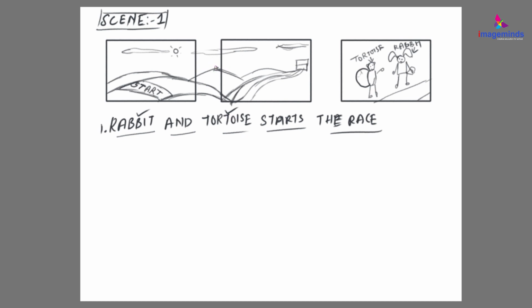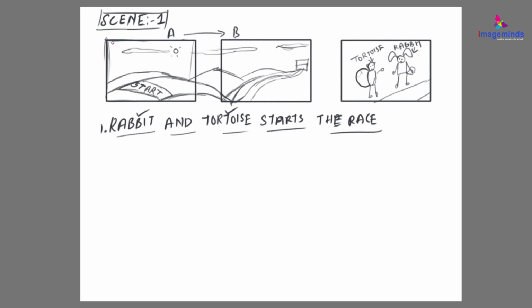Now, why did I draw this in 2 scenes? The reason is, when I'm taking a movie or when I'm going to make an animation of this, I want the camera, just imagine this small rectangle is the camera. I want the camera to move from this position to this position.